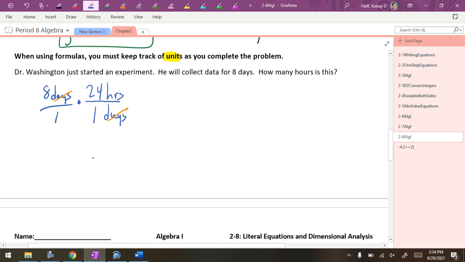Now we multiply across. 8 times 24 is 192. What's my label that's left? Hours. On the bottom, 1 times 1. What's my label that's left on the bottom? There isn't one. Okay? 192 hours divided by 1 is 192 hours.